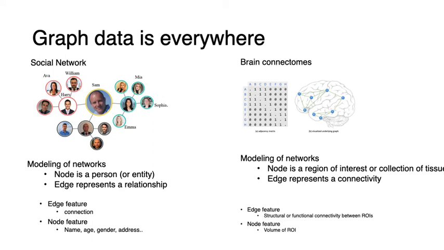As earlier, for the edge features we use the structural or functional connectivity between those regions of interest, and node features can be taken as the volume of those regions or tissues.